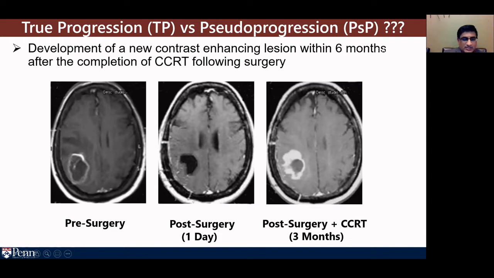And this image shows the same GBM case 1 day post-surgery. As you can see, this is the surgical cavity, and there is very little or no evidence of any tumor cells. But within 3 months after the end of the surgery and the chemoradiation therapy, you can see this lesion. There is a contrast enhancement at or near the surgical cavity.